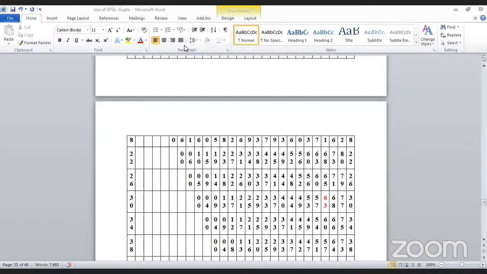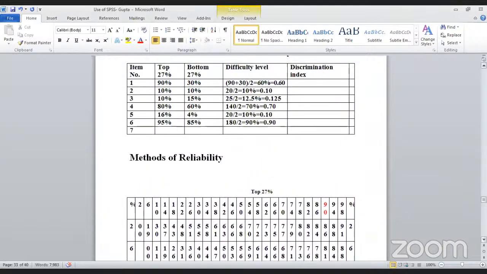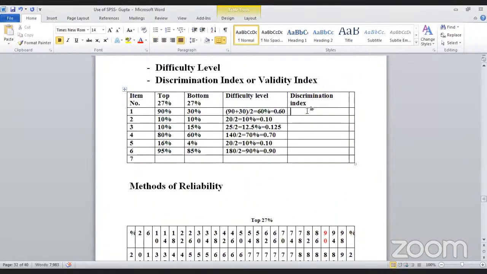Yes. So therefore now you know that here the discrimination index is 0.63. That's correct. So for this, it is 0.63. Now here is another one.